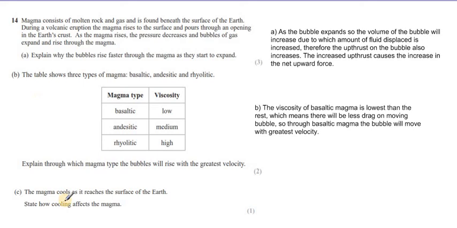Part C: the magma cools as it reaches the surface of the earth. State how cooling affects the magma. Of course, cooling means the temperature decreases. When temperature decreases, viscosity increases.